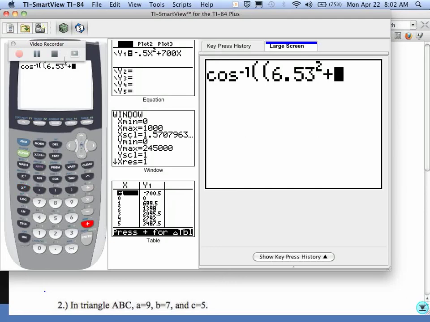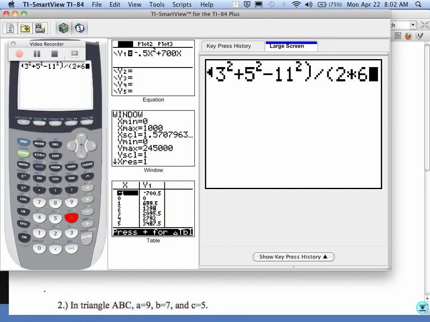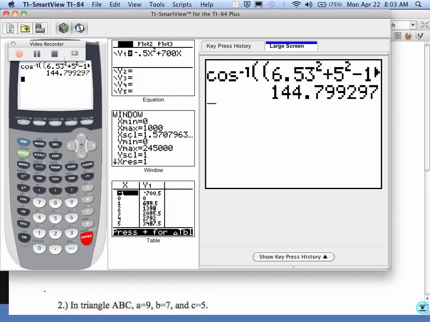And I'm subtracting 11 squared because that's the partner side. Now I have to close my numerator again and divide by another set of parentheses, 2 times 6.53 times 5. Close the bottom, and then technically you have to close your cosine inverse. And when you hit enter, I'm getting 144.8.